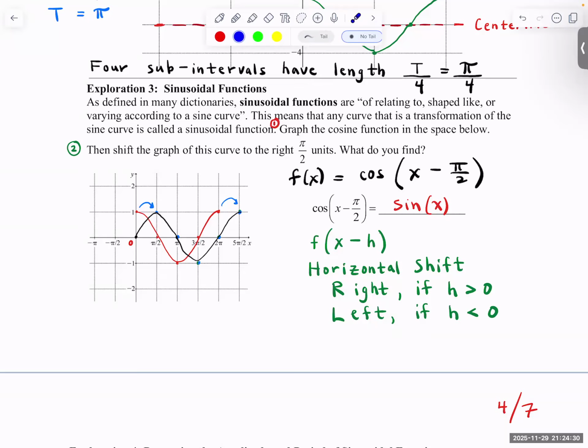And that's what's occurring here. The cosine function, its basic graph is shifted to the right by pi over 2 units if the argument is changed to x minus pi over 2, and then you obtain the graph of the sine of x. And therefore we have this relation, the cosine of x minus pi over 2 is equal to the sine of x.